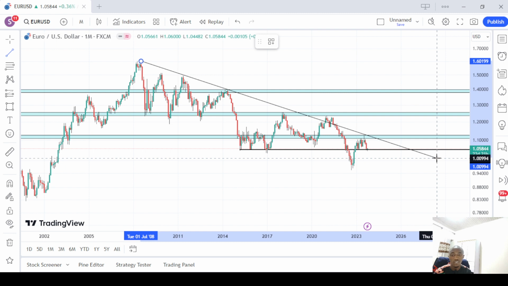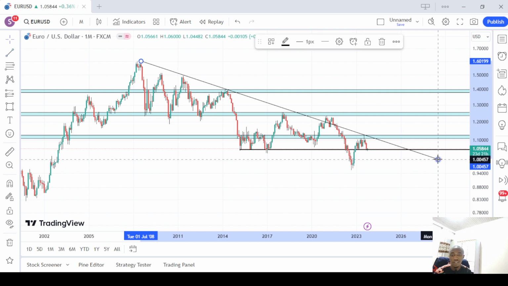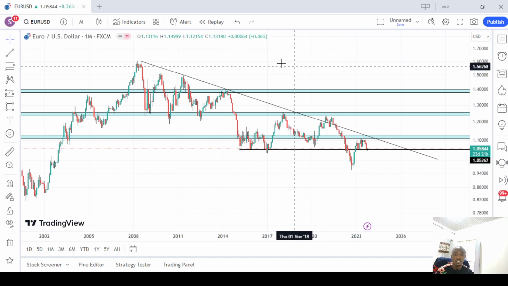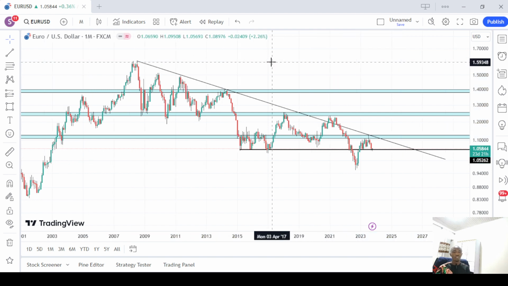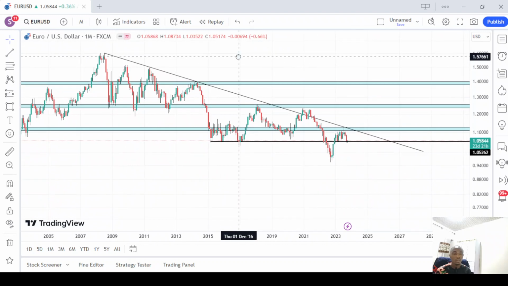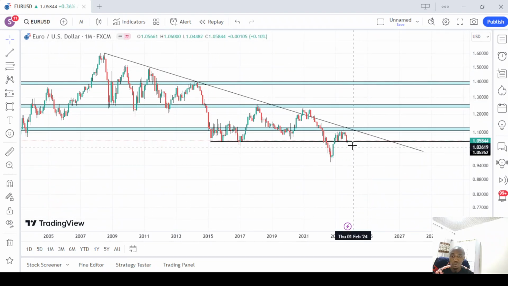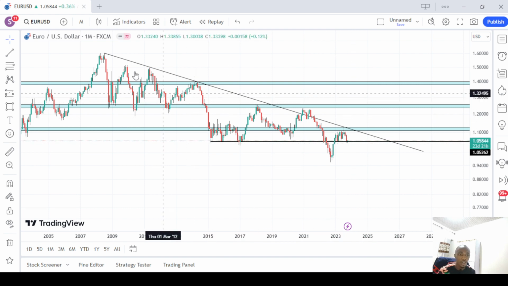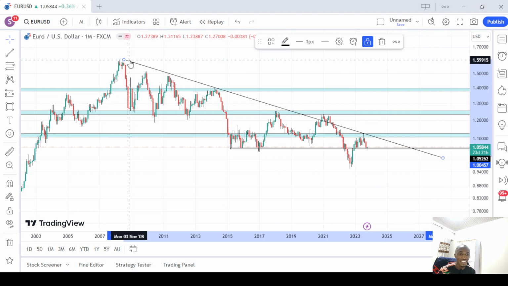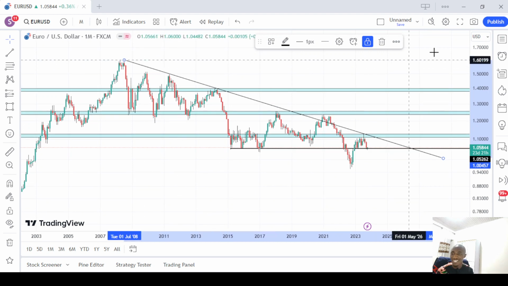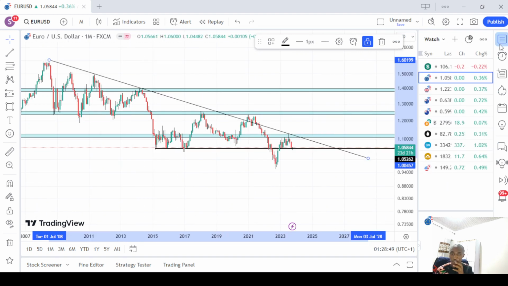So overall trend is bearish. Why are you confused? Why are you not seeing it? It's as easy as that. So we go on to the next.